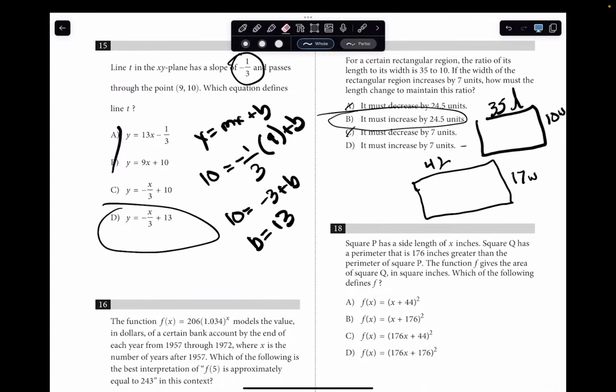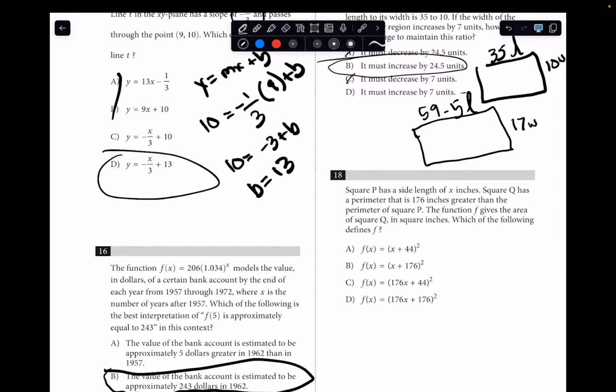So this would actually be 20. That'd be 59.5. Yep. You said 7 times 3.5? Yes. Yeah. That's it. That's a good way to approach that problem too. Yep.